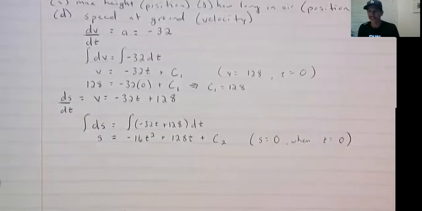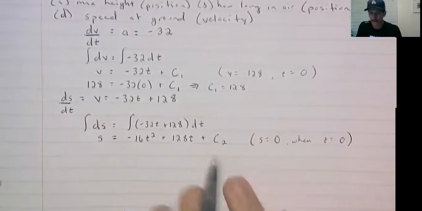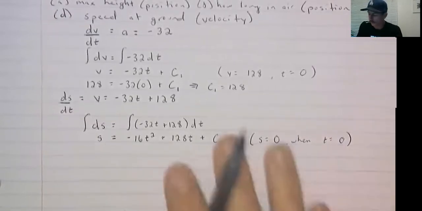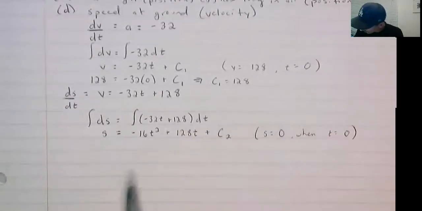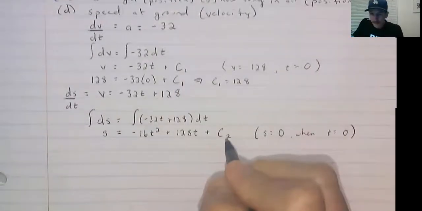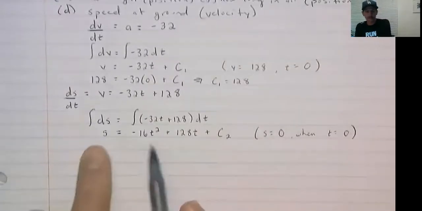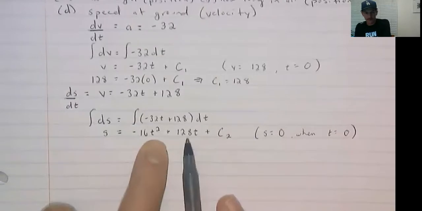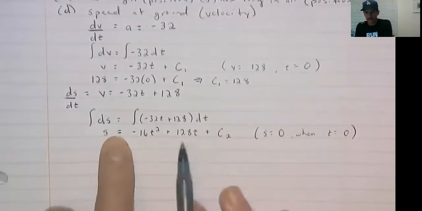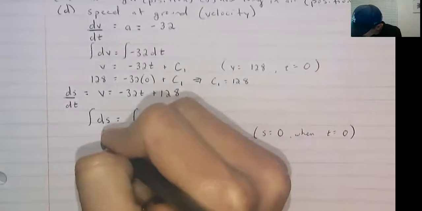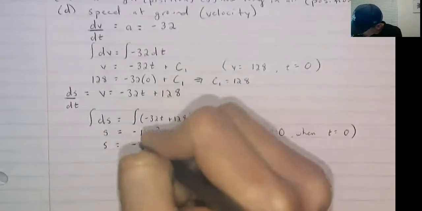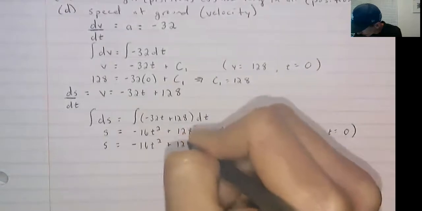Okay, maybe you had a cannon or something that you put on the ground. I don't know. But for the purpose of solving for this, we're going to assume that s is 0 and t is 0, which means that C2 must be 0, which hopefully you don't have to see me do that. But s is 0 when t is 0, all this stuff goes away, C2 is 0. And so our position is just negative 16 t squared plus 128t.